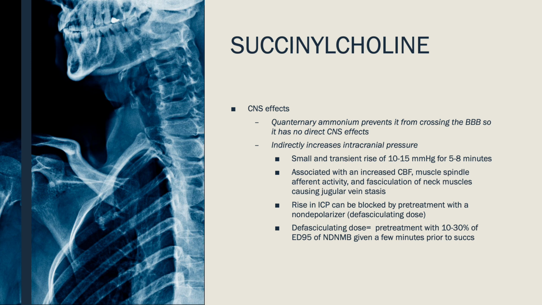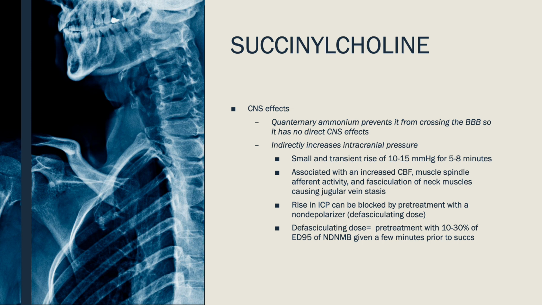To mitigate this, we often use a defasciculating dose to stop those fasciculations, okay? And that is a small amount of a non-depolarizer before the administration of succinylcholine. And this is normally with 10 to 30% of the ED95 of the non-depolarizer, okay?